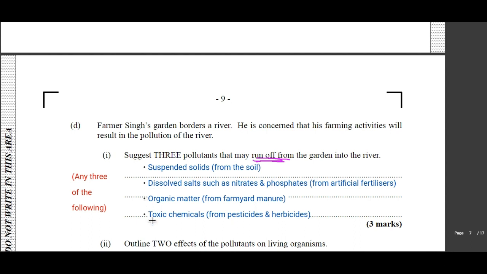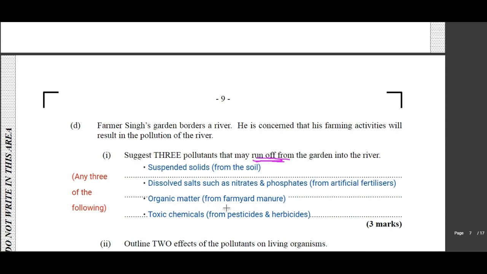And so these are any three. You have suspended solids that would have come from the soil itself, right? Some of the soil washing away into the river. You have dissolved salts, like nitrates and phosphates, that would be coming from the artificial fertilizers that are applied to the soil. And then when the rain falls, washed into the river.